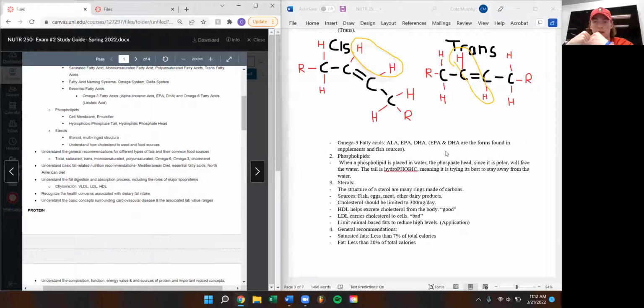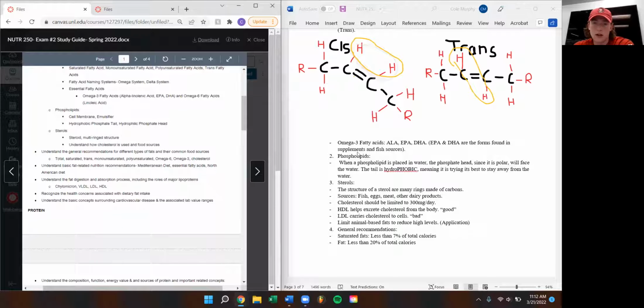So the phosphate head is polar and hydrophilic, meaning it can interact with the water, whereas the tail is hydrophobic, like it's trying its best to stay away from the water.